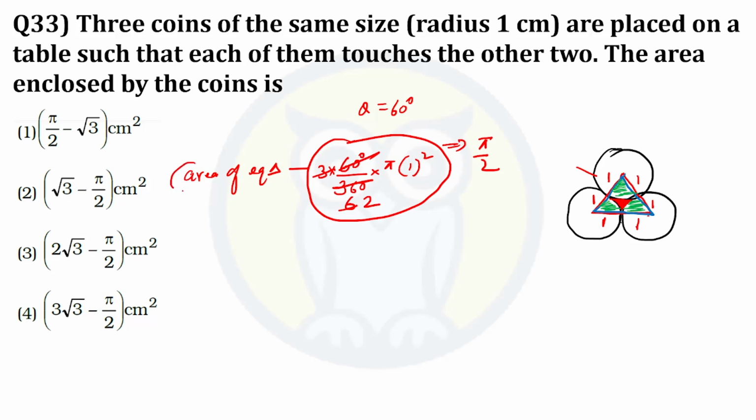The area of the equilateral triangle is root 3 by 4 a square minus pi by 2.